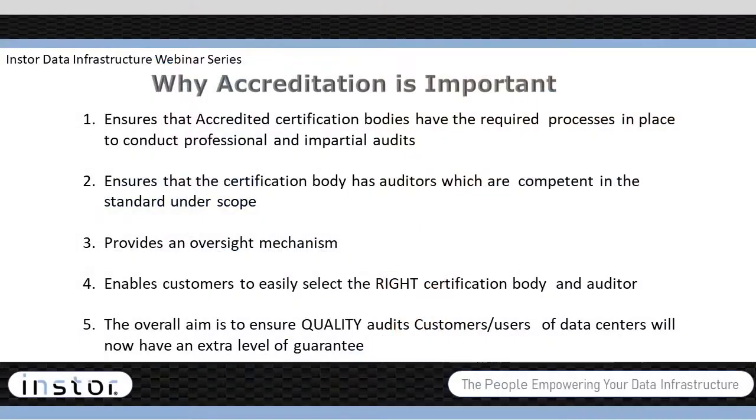So with that, the clients will have a guarantee that this audit company is a certified body and accredited, which means that this company follows the rules in order to make the audits properly, because this accredited company is audited every year. So every year they audit this company in order to make sure that they perform the audits properly.